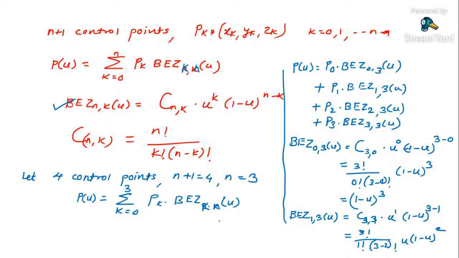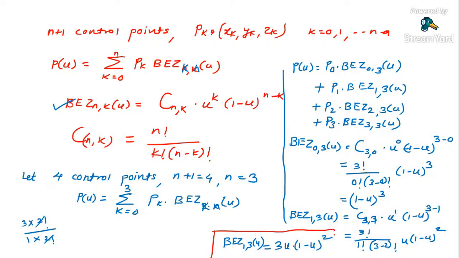So what is this value? 3 factorial is nothing but 3 into 2 factorial, divided by 1 factorial which is 1, into 2 factorial. So 2 factorial gets cancelled, so 3. So it is equal to 3u times 1 minus u square. That is the value of Bezier of 1 comma 3 of u. So we calculated two values: this one, and the other here, that is 1 minus u cube, correct.